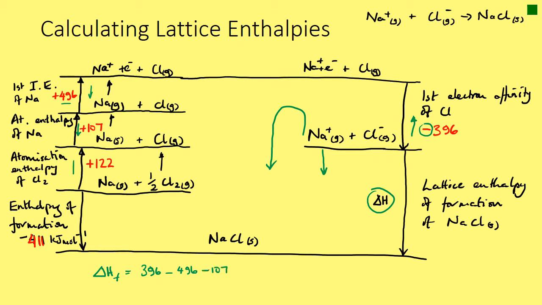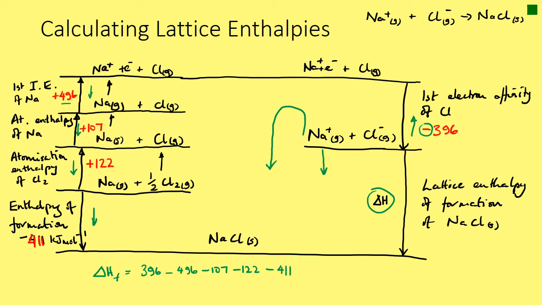And same process here. We're going to come down for our atomization of chlorine. So we have to subtract our 122. And then we're going in this same direction for our enthalpy of formation. And so we're going in the same direction as the arrow, so we keep the sign of the energy change the same. So that's going to be a minus 411.